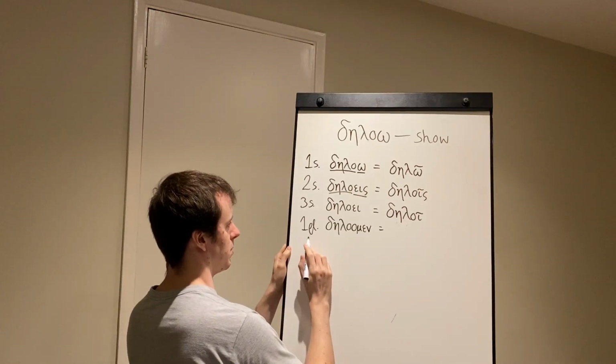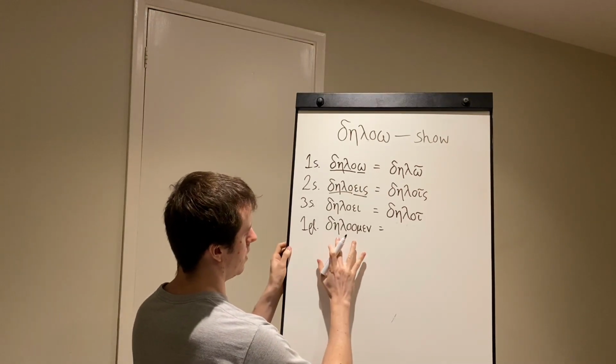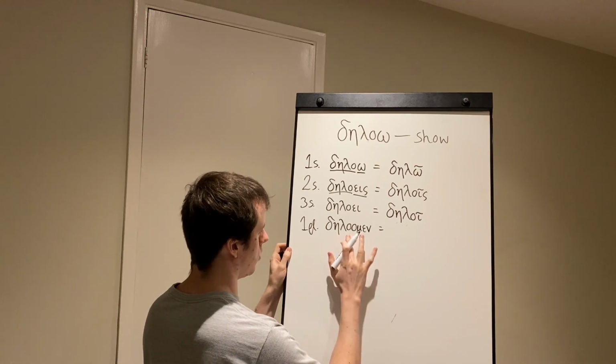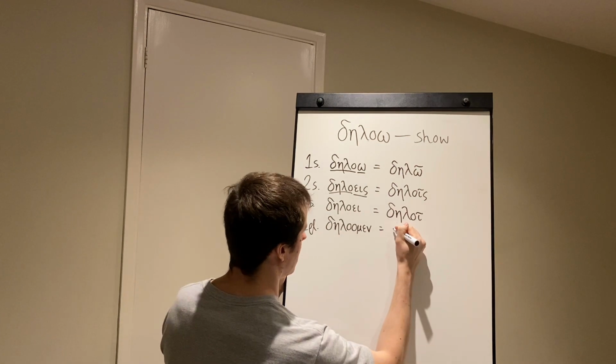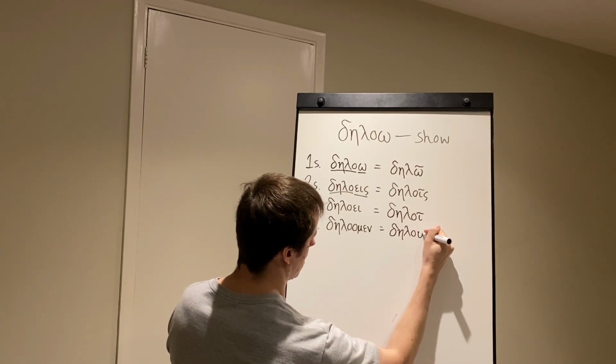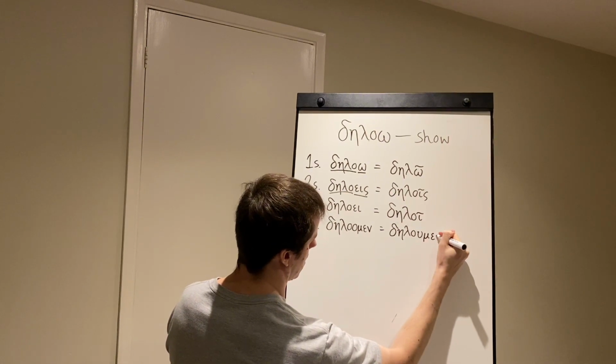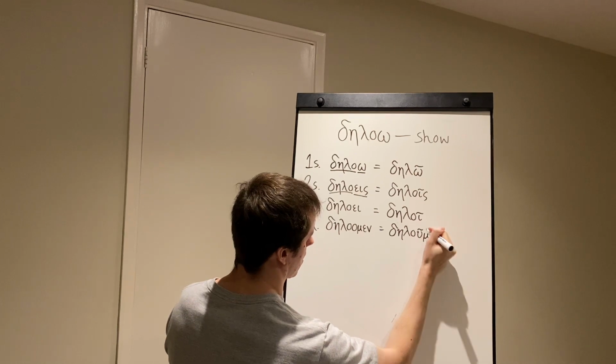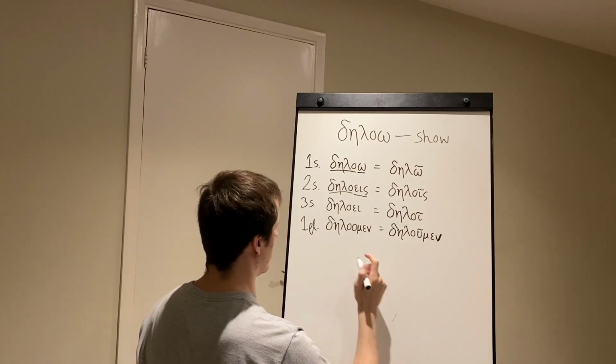In the first person plural, you would have, if it did not contract, dēloomen, which makes dēloumen, which means we show or we are showing.